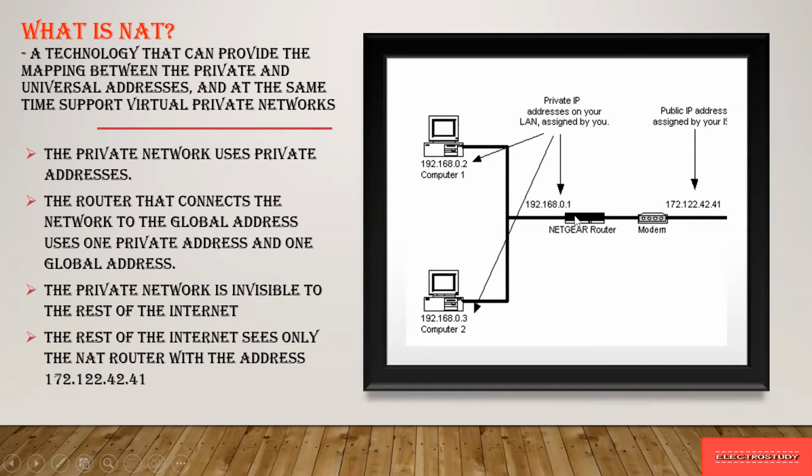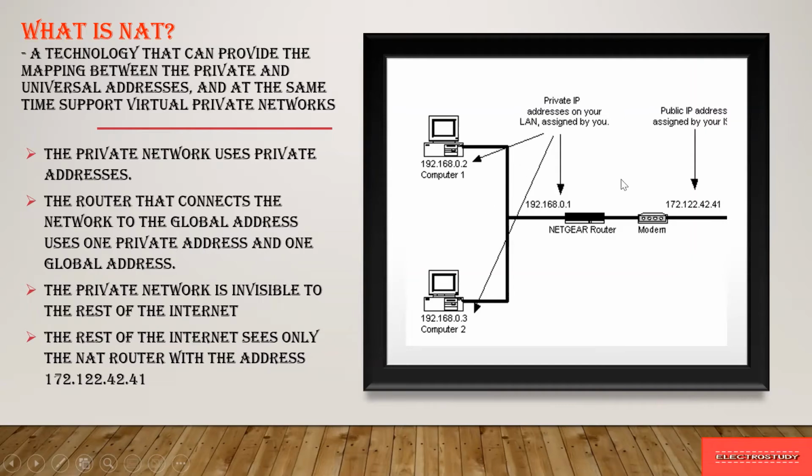This router that connects the network to the global network will have one private address and one public address. The address of the client will not be directly shown or visible to the server. This private network will be invisible to the network on the server side.